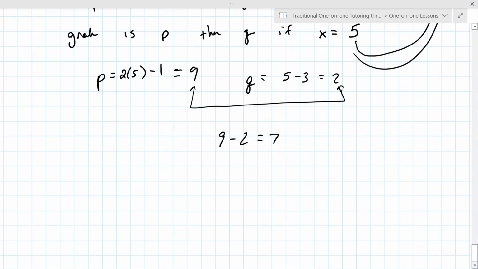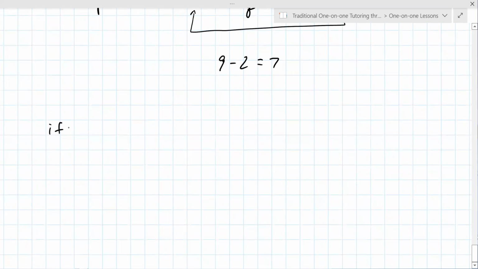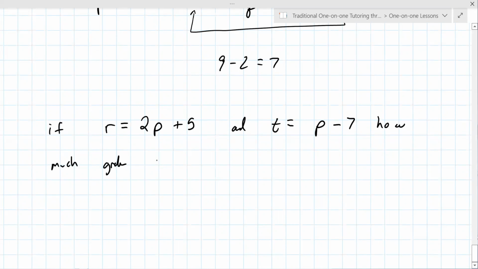Okay, let's try another one here. If R equals 2P plus 5 and T equals P minus 7, how much greater is R than T for P equals 8?